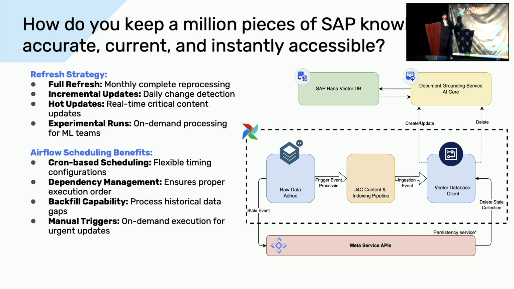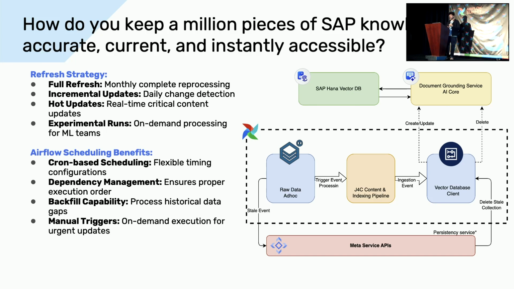Okay, another challenge in the pipeline was that up until now we were onboarding the content, but how do you keep refreshing the content and getting rid of stale content as well? In this scenario, we rely on monthly cron-based scheduling for Airflow. As I mentioned in one of my slides, we persist raw data, so we create a hash for each raw data item.